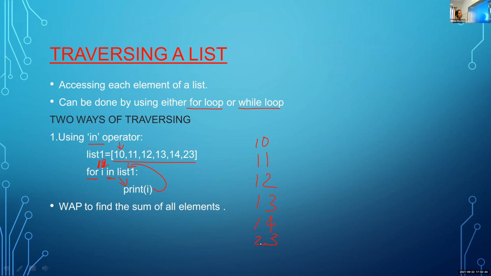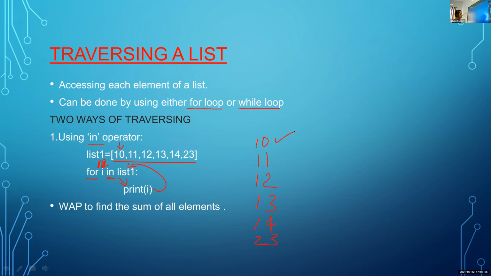For I in list1. At the time of the first iteration, the I value is 10. After that, it will be printed using print I. So 10 is printed. Then it will execute the for statement again till 23 is printed.